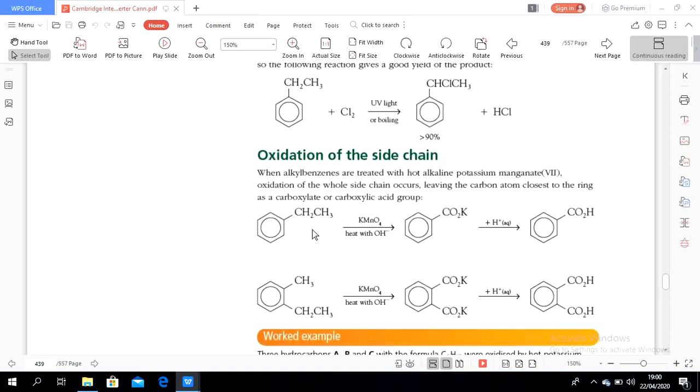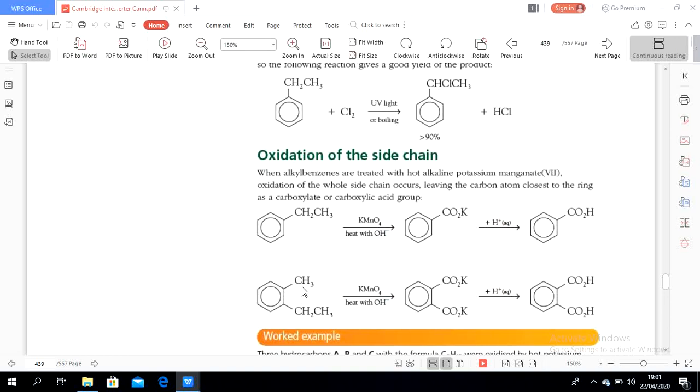This one will be cut, so the CH3 will be separated, and then it becomes a salt. This becomes the salt, and then in the presence of acid, this benzene salt becomes benzoic acid.